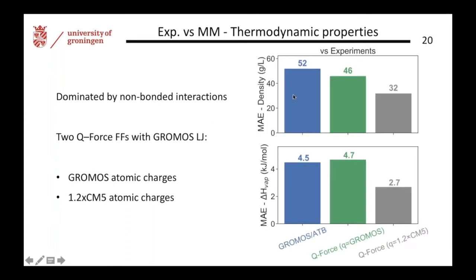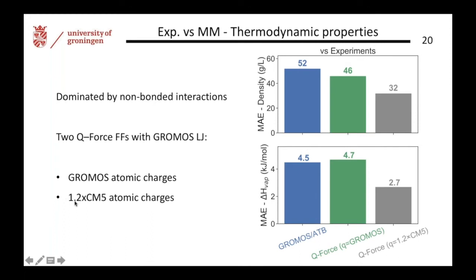And here you can see the results. The mean absolute error with respect to the experiment is presented above for the density and below for the enthalpy of vaporization. And all these values are relatively low, but you can see that the Gromos force field and the QForce force field with Gromos atomic charges perform very similar to each other, and this is in line with our expectation that if we use the same non-bonded interactions, we end up with very similar thermodynamic properties.